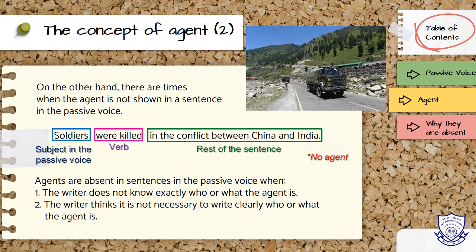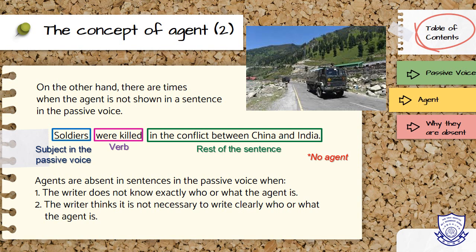Soldiers is the subject in a sentence in the passive voice, were killed is the main verb, and in the conflict between China and India is the situation under which a certain action was completed or implemented.